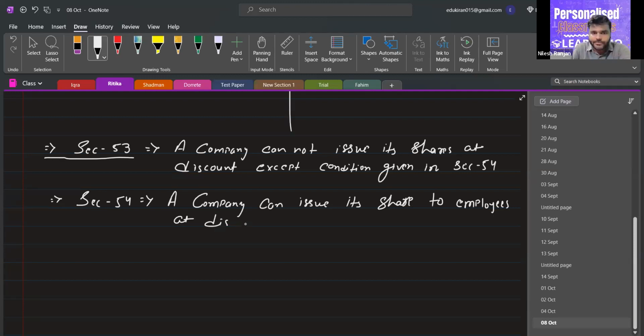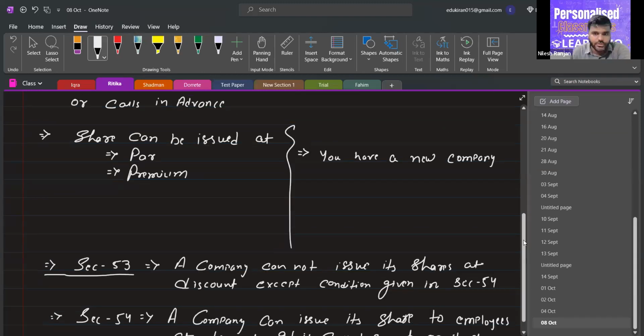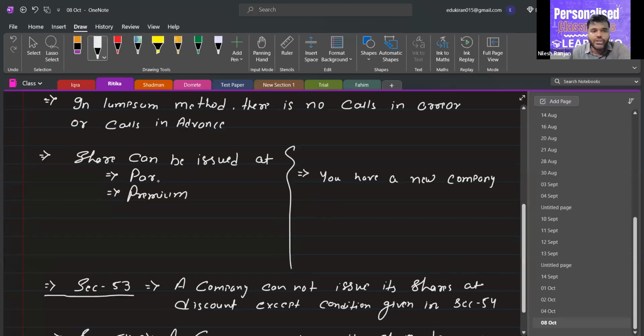It is called sweat equity shares. So this is the condition for the issue of shares to the employees.